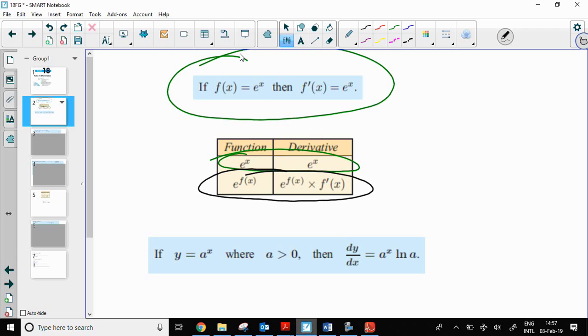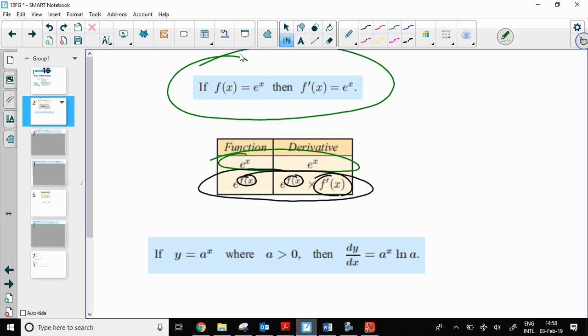So when my function is e to the x, the derivative is e to the x. When my function is e to something else, my derivative is e to the something else multiplied by the derivative of something else. It's just chain rule.